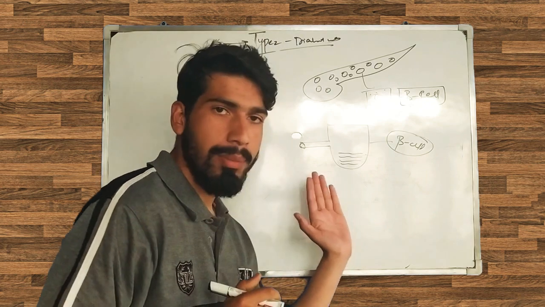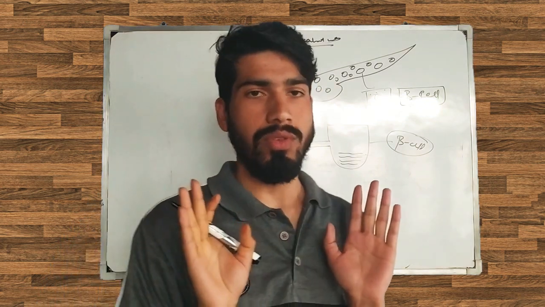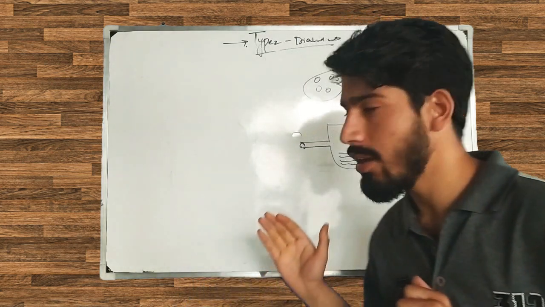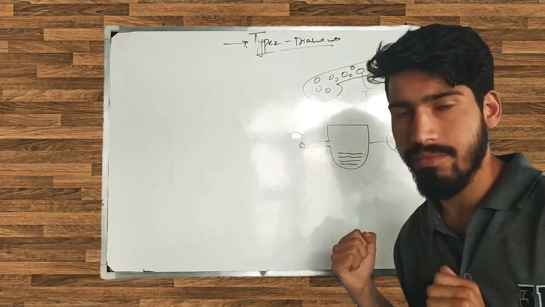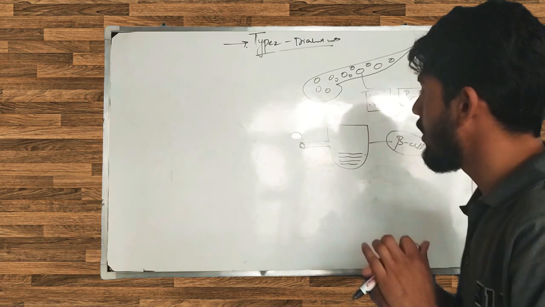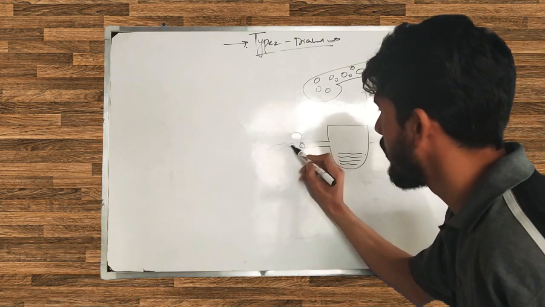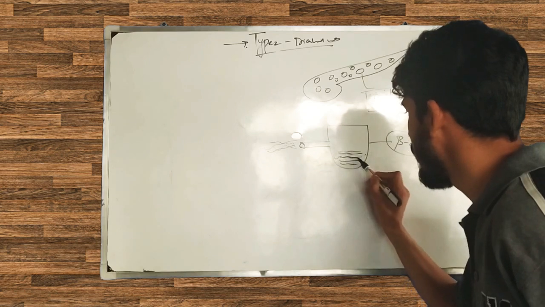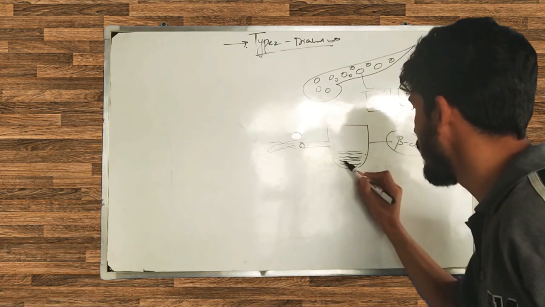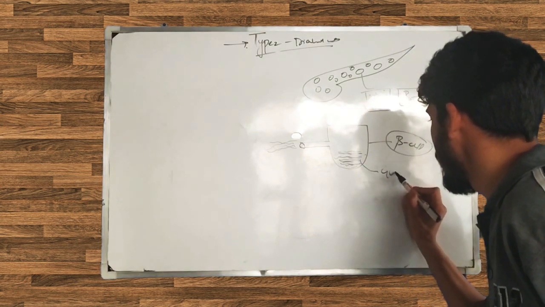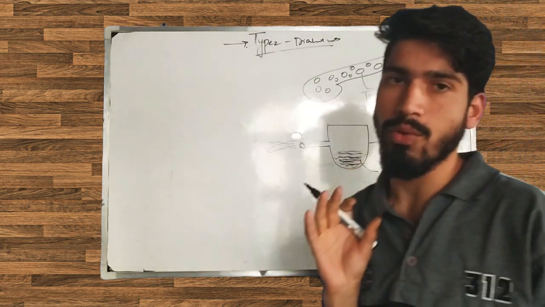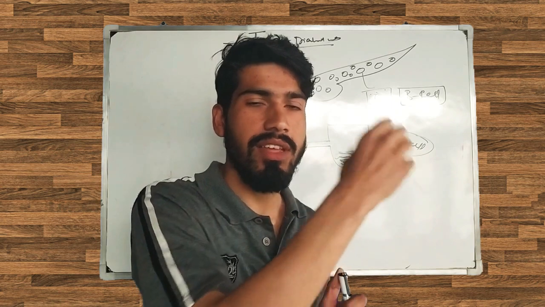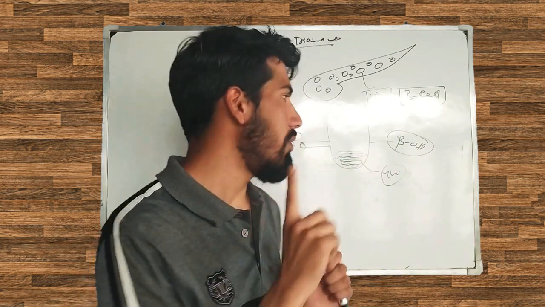The job of the beta cells is to measure the glucose level, how much glucose is present in the blood. Here, for example, the blood is coming and this is the glucose. The beta cell actually measures the glucose level, and according to that the beta cell releases insulin.